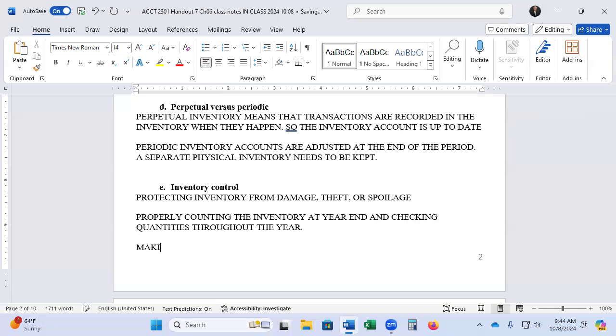And two, making sure that inventory is properly recorded in the financial statements.